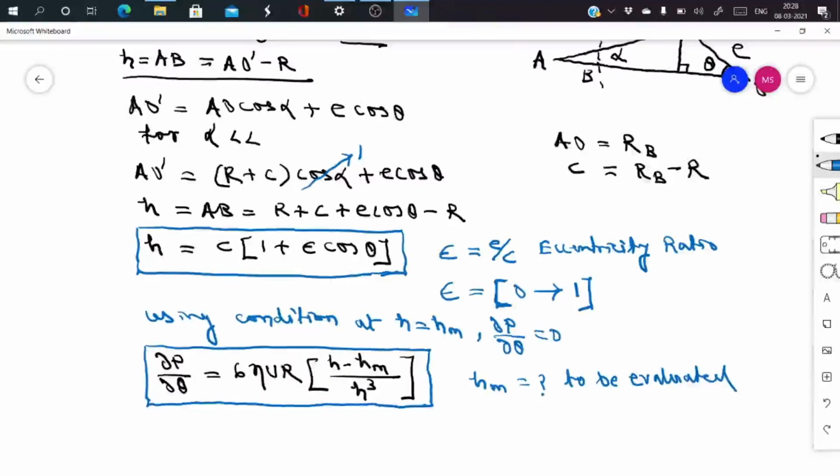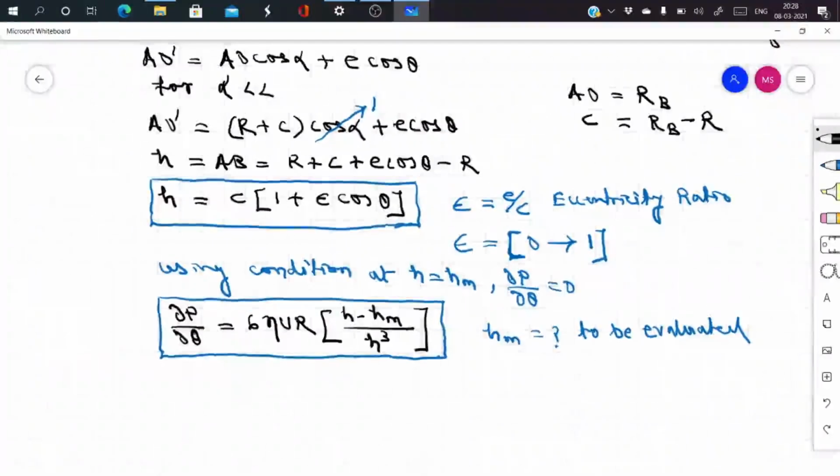Okay. This is a constant that needs to be evaluated. Now let us go ahead and integrate it with respect to theta once.